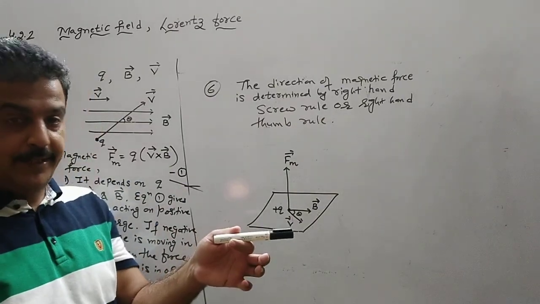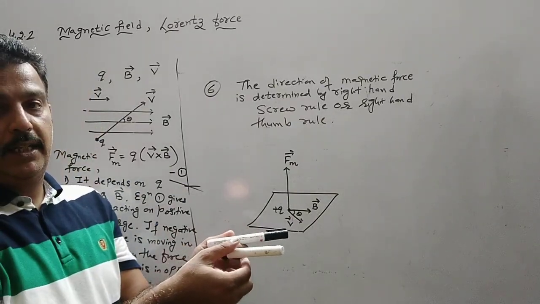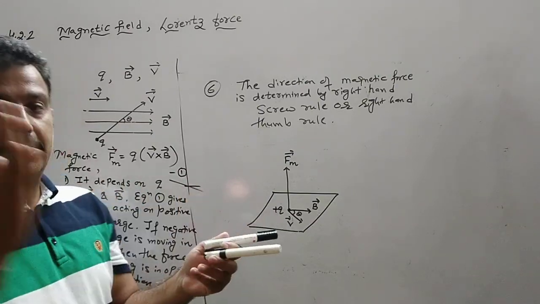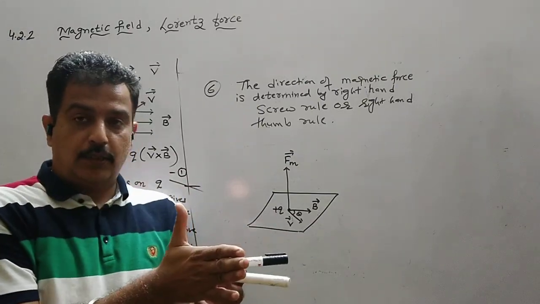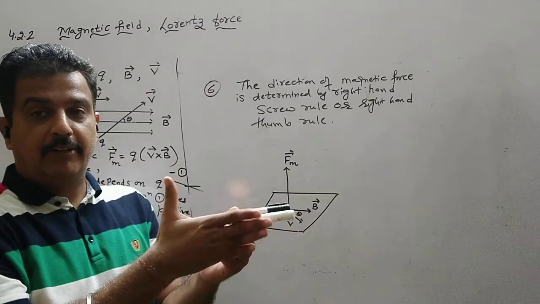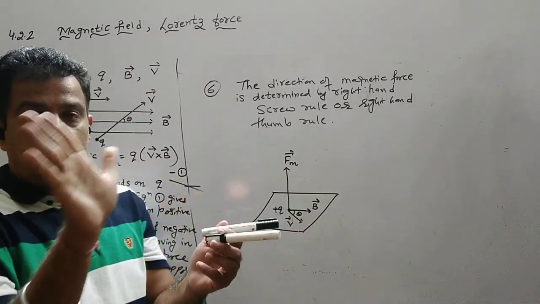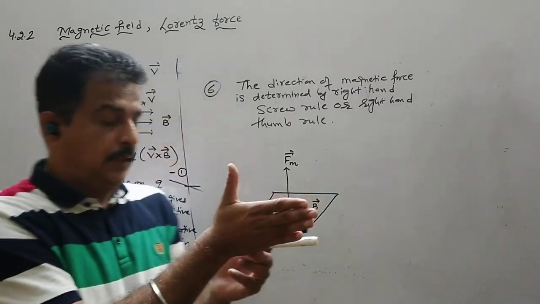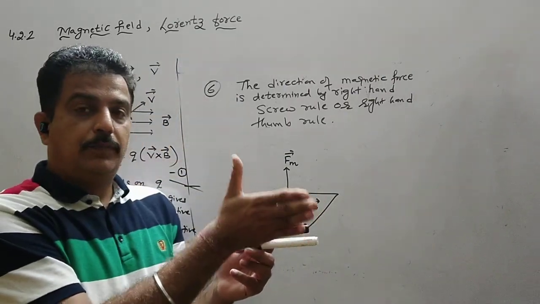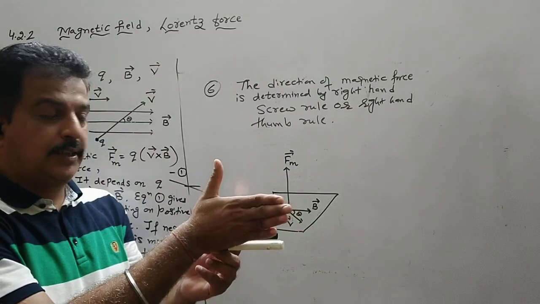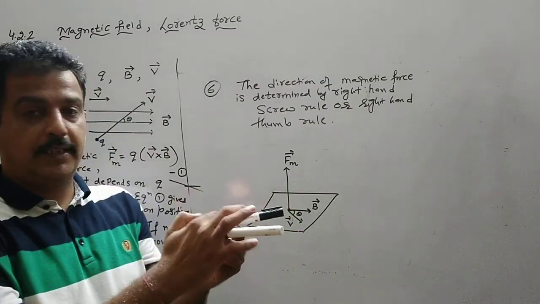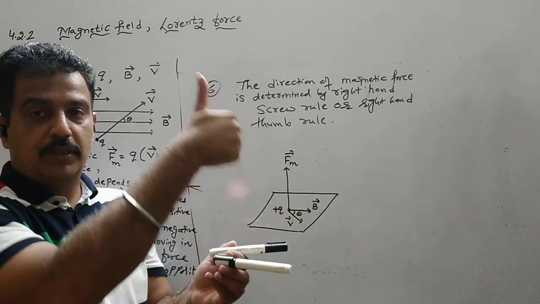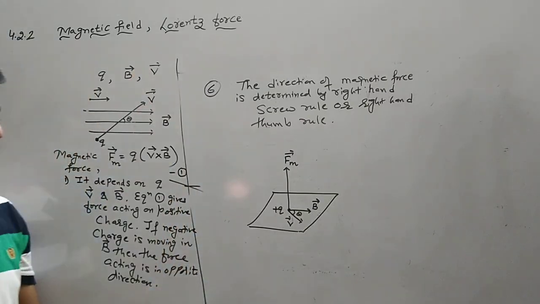So this is B, this is V. I have to take a plane like this, perpendicular to the plane containing V and B, and I rotate my fingers from V to B. The thumb comes upward. So that is the magnetic force.